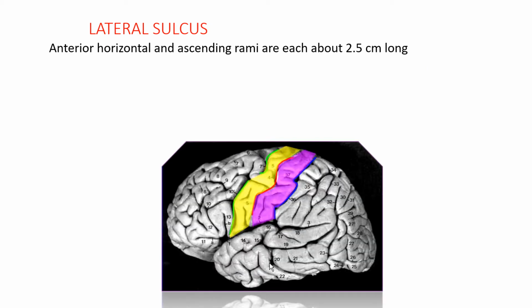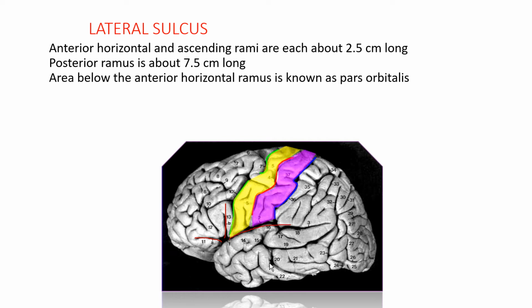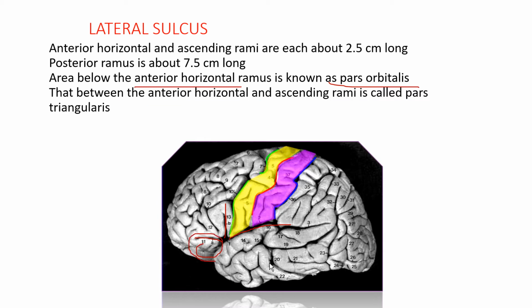So we are continuing the lateral sulcus. Anterior horizontal and ascending rami, if you see, are only about 2.5 centimeter long and this posterior ramus is about 7.5 centimeter long. Area below this anterior horizontal ramus will be called the pars orbitalis. So this area is the pars orbitalis.